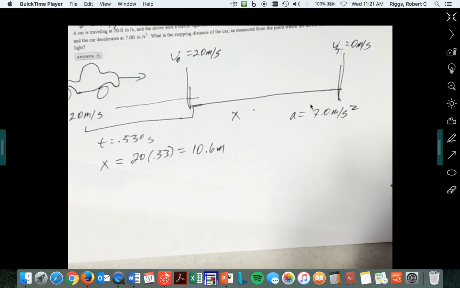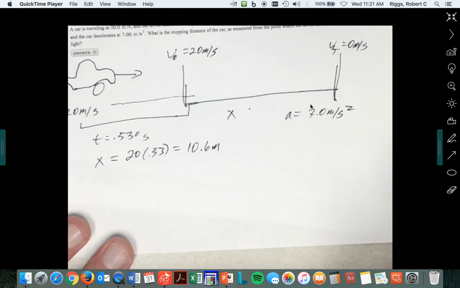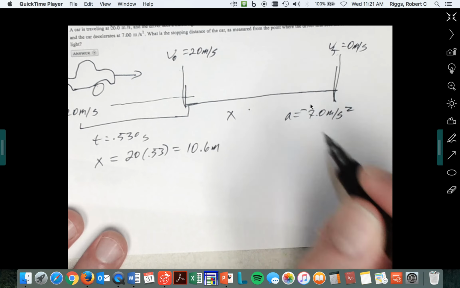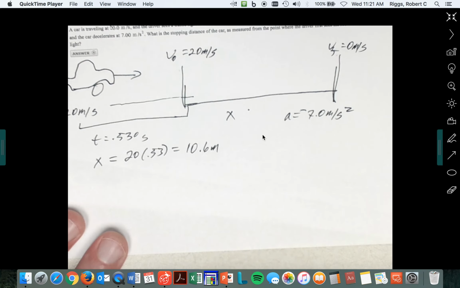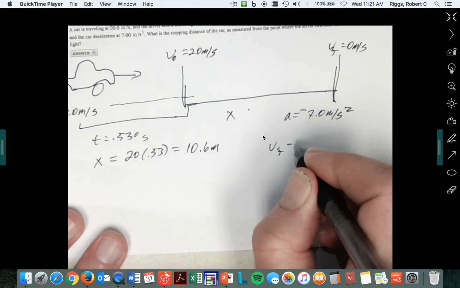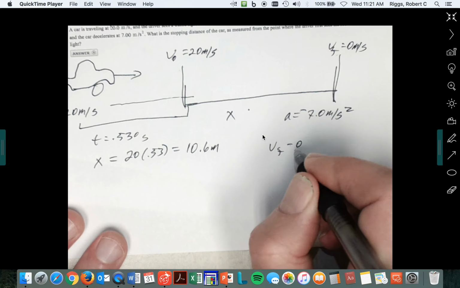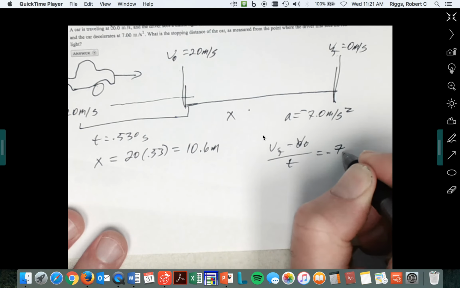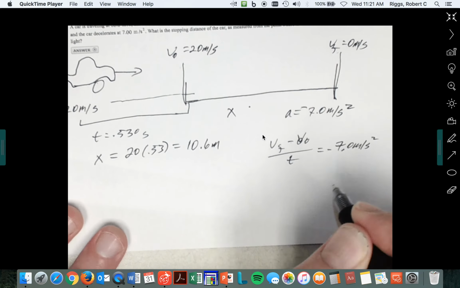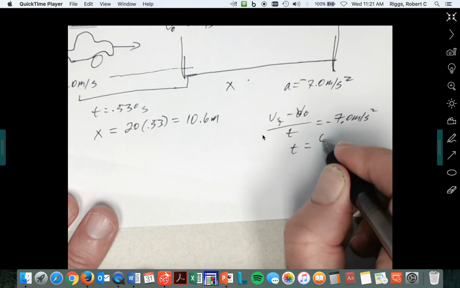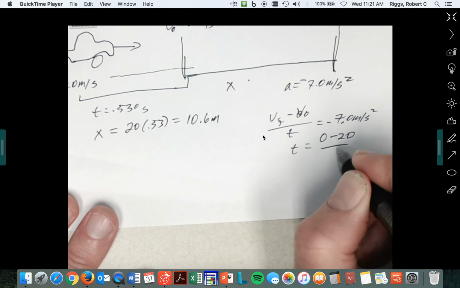All right, I can do this in two ways. I'm going to do it the first way. I'm going to figure out the time it took him to come to a stop. And that's negative. So if I've got v final minus v initial over the time is equal to -7, then the time is equal to 0 minus 20 over -7.